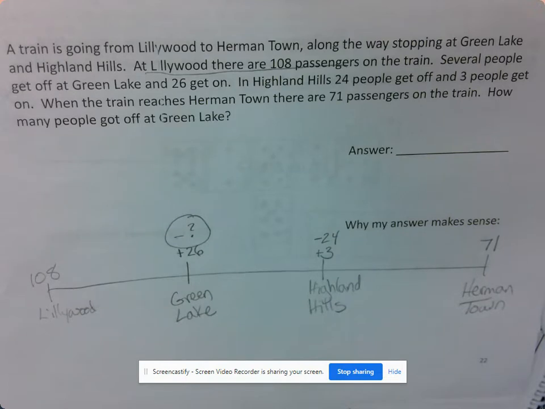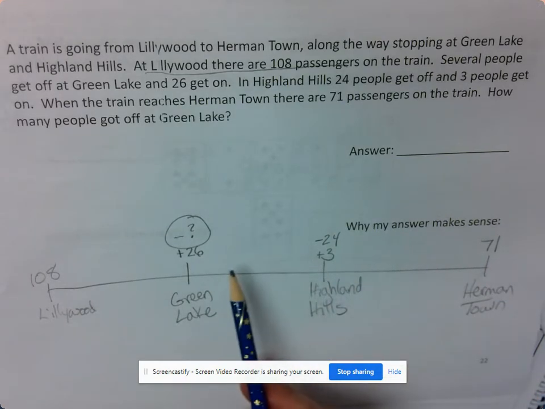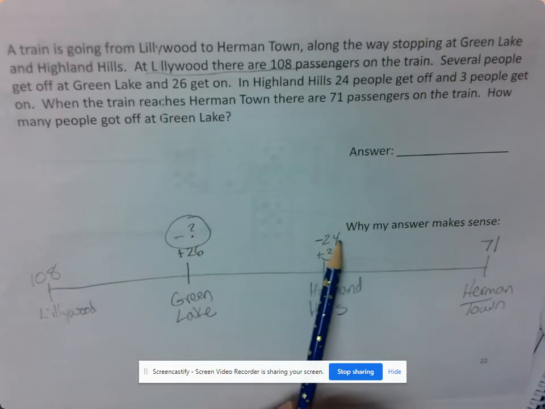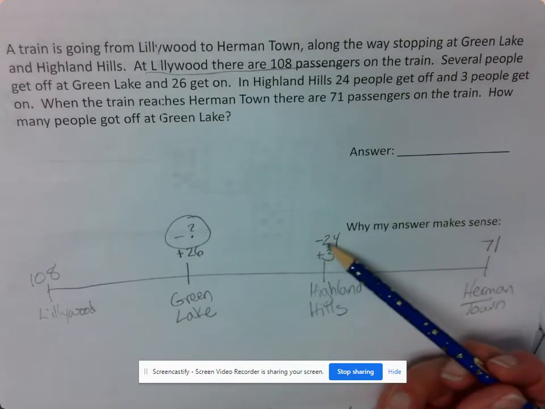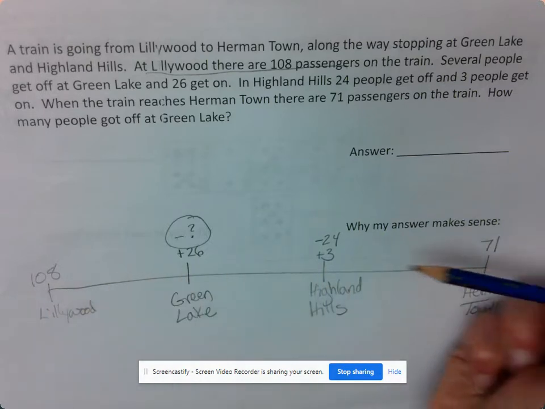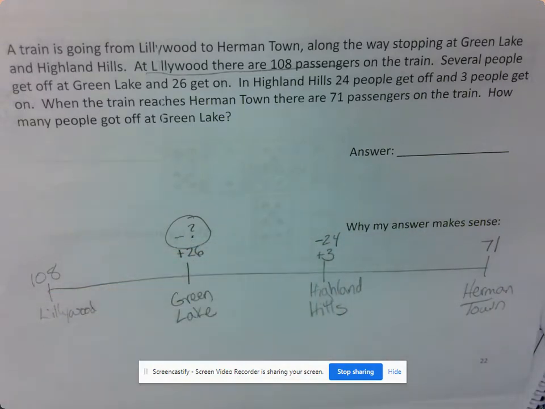That is our question. Do you think we could work our way backwards? So if we were subtracting 24 going to the right, if we go to the left, what are we going to do with that 24? Add them. Going to the right, we added 3. What are we going to do going to the left?